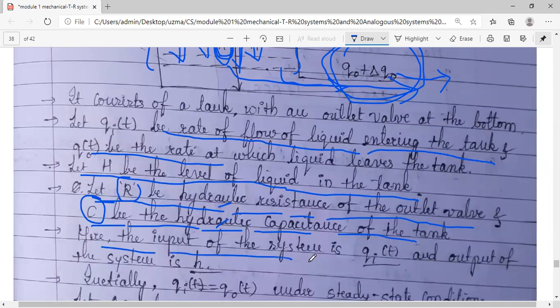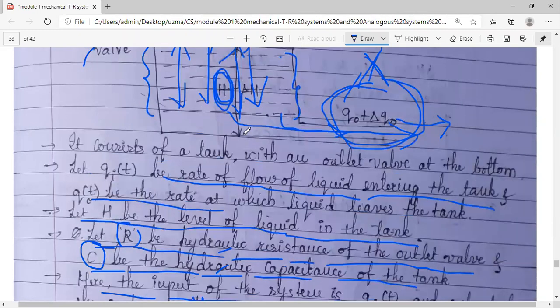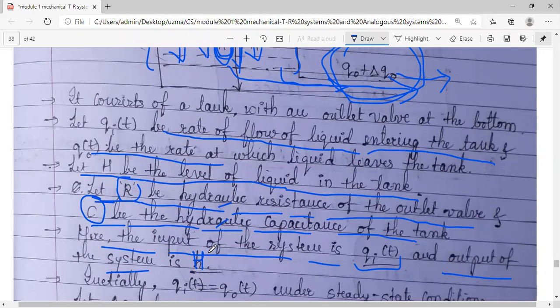So here the input of the system is Qi of t, and the output of the system is H. Actually this should be capital H, or you make this small h. Use one notation.